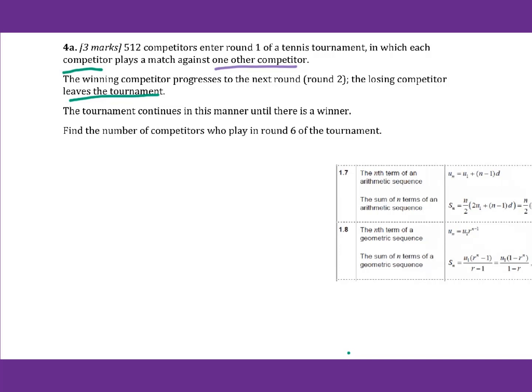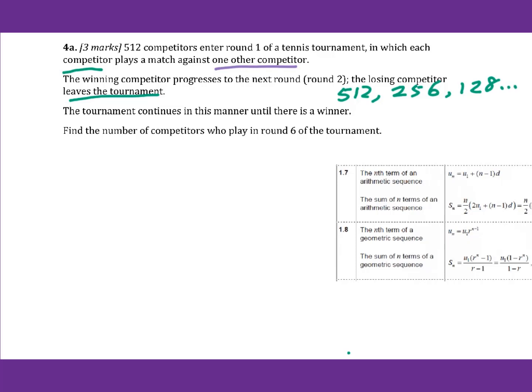According to this given information, we know that after one game, half of the competitors will leave while half of the competitors will stay. Therefore, we could say this is a geometric sequence. We have 512. Then you divide it by 2, you get 256. Then you divide it by 2, you get 128, and so on.